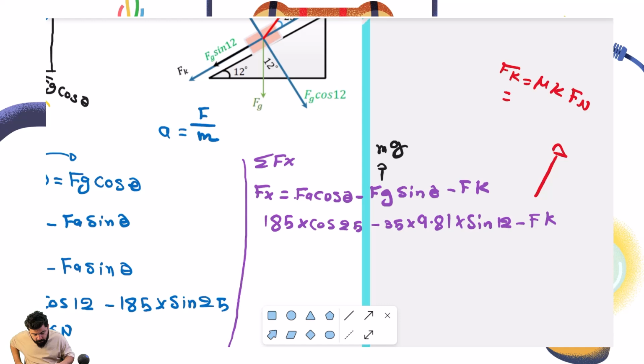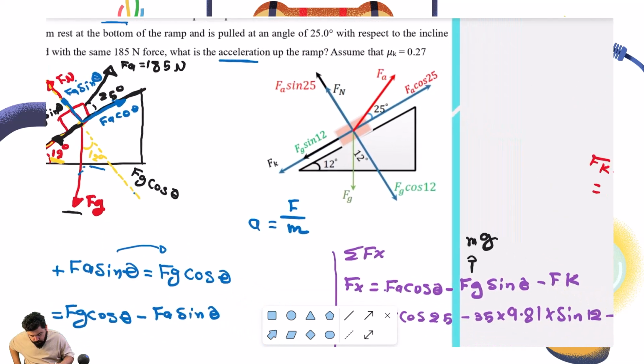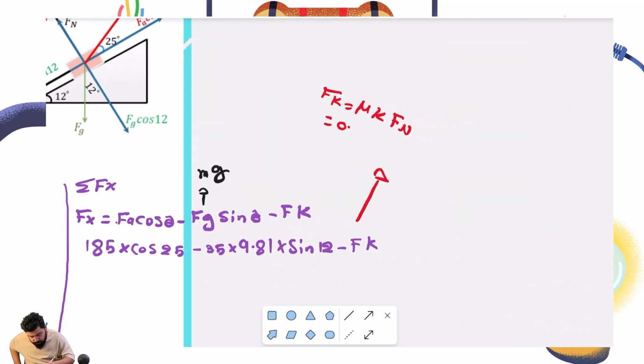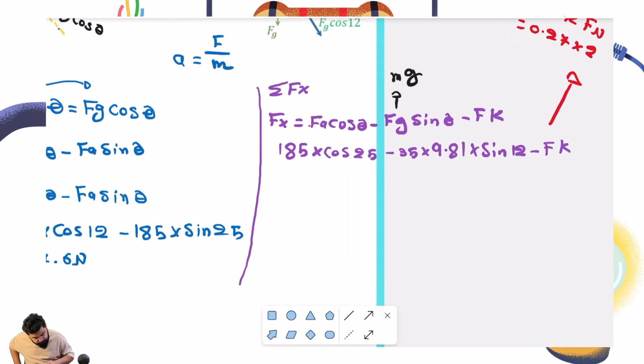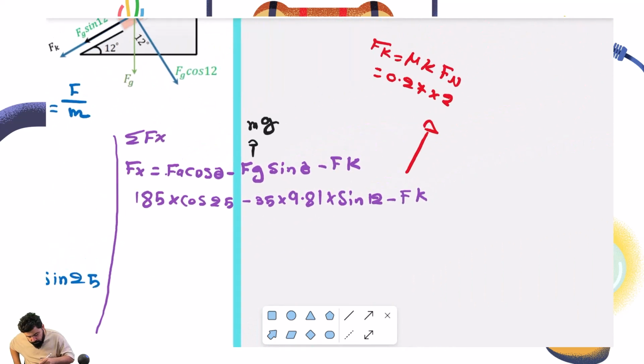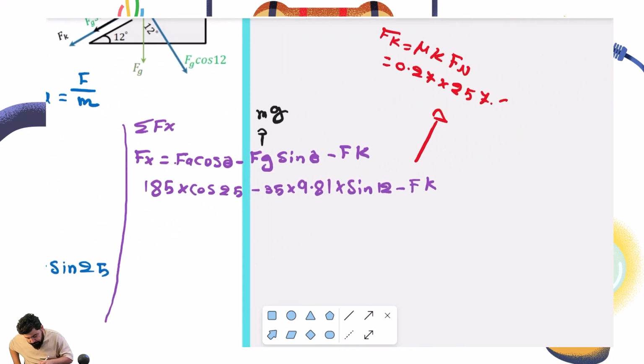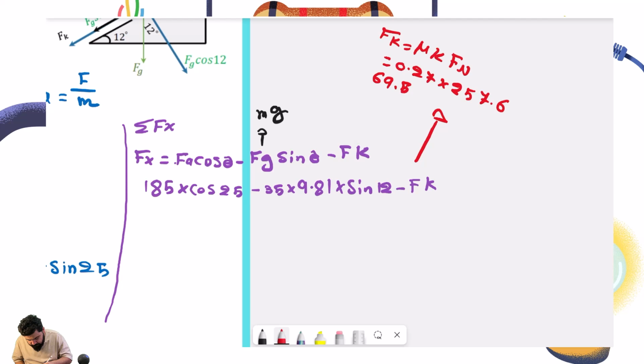We found Fn, and we had mu k. Mu k is equal to 0.27. So 0.27 multiplied by 257.6, we found Fn to be 257.6. You're gonna get 69.56. So Fk is equal to 69.56 Newton.